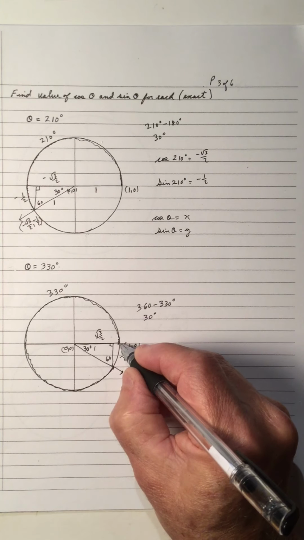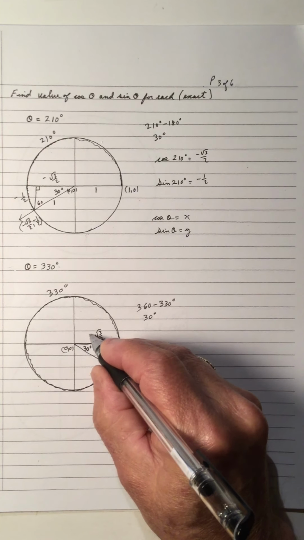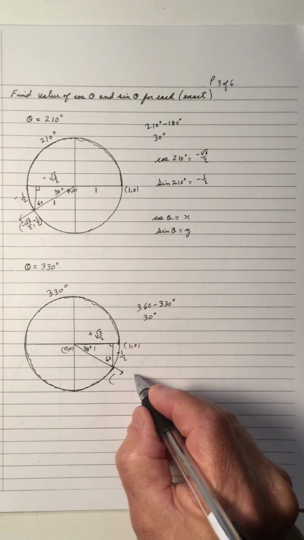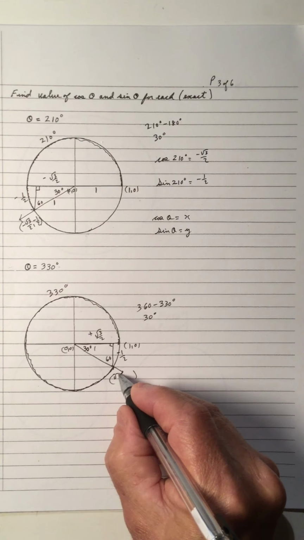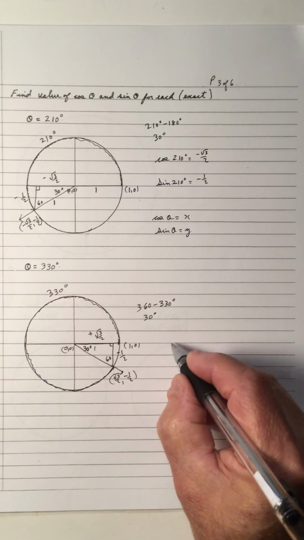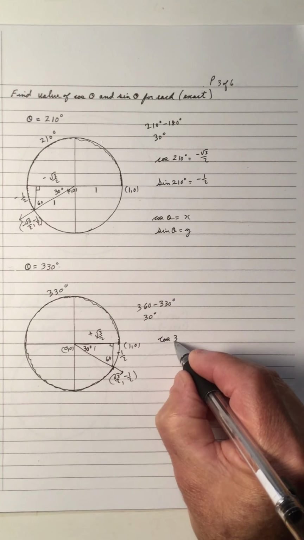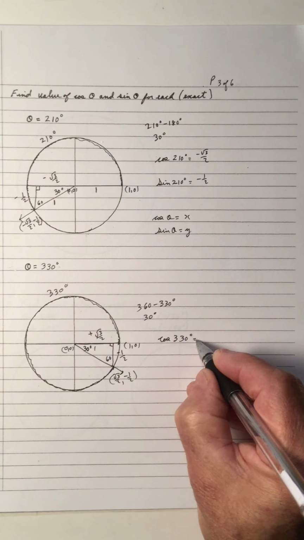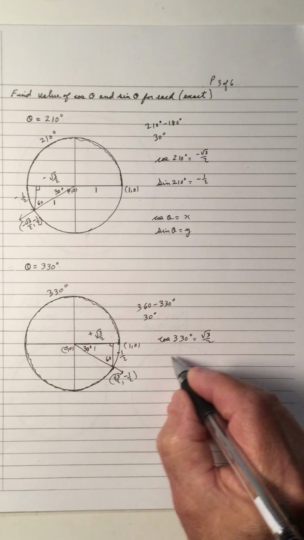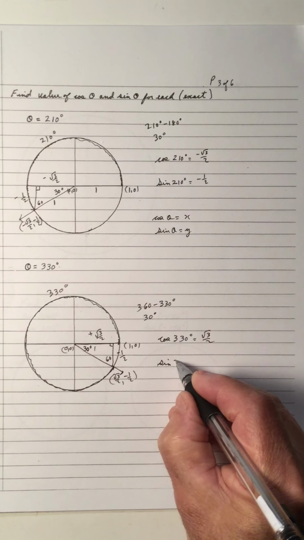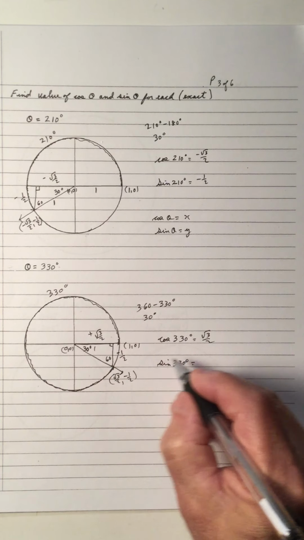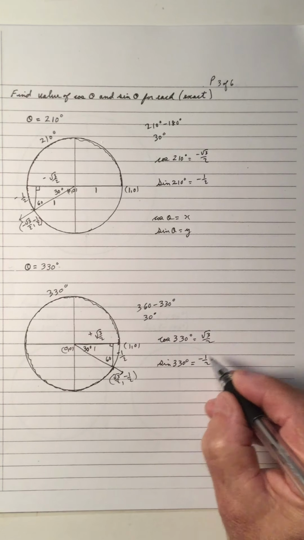But in this quadrant, which is quadrant 4, the x is positive and the y is negative. So the coordinates of this point, x is root 3 over 2 and y is negative a half. So the cos of 330 degree rotation is the x, which is root 3 over 2, and the sine of 330 degree rotation is the y, and the y is negative because it's in the fourth quadrant, negative a half.